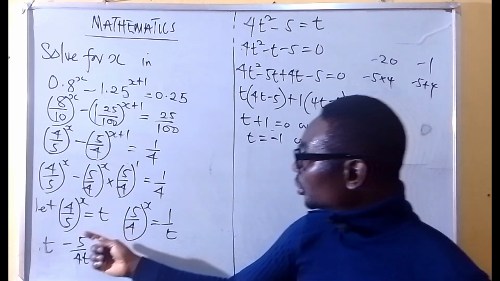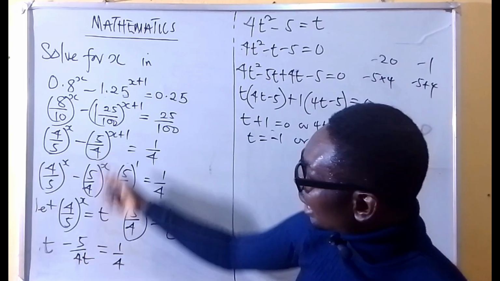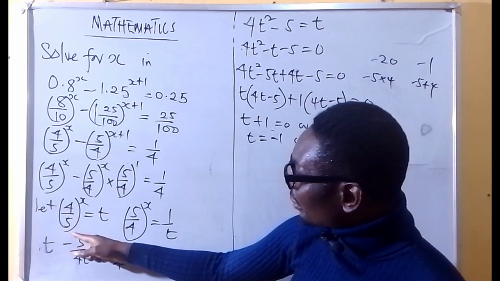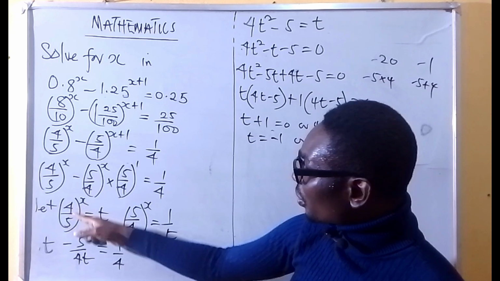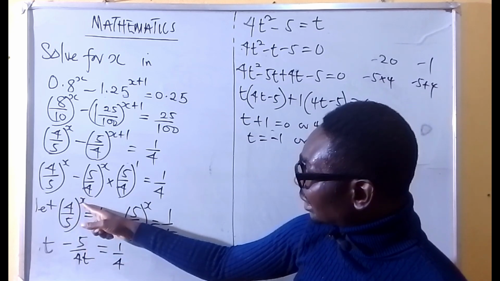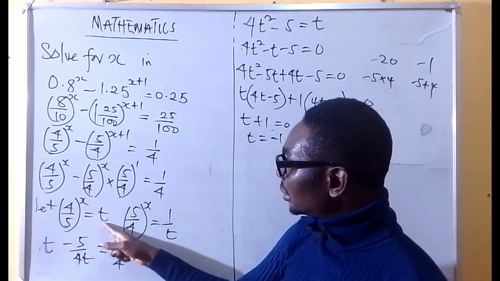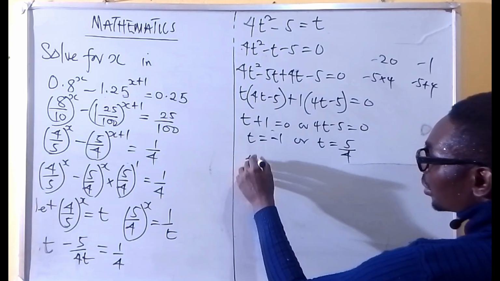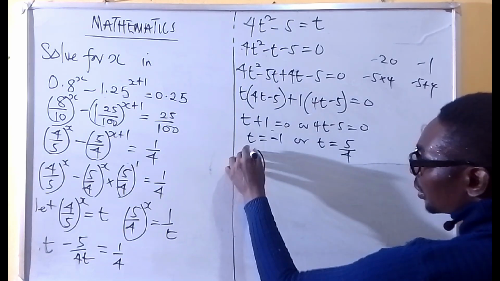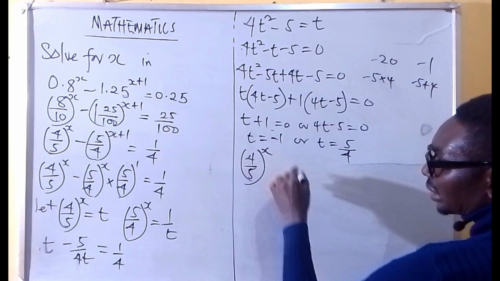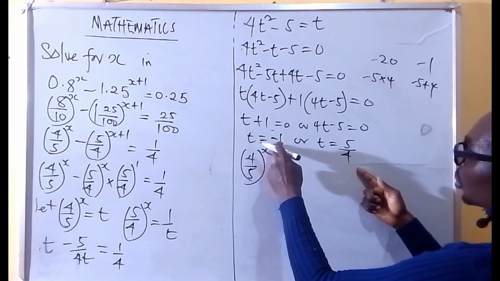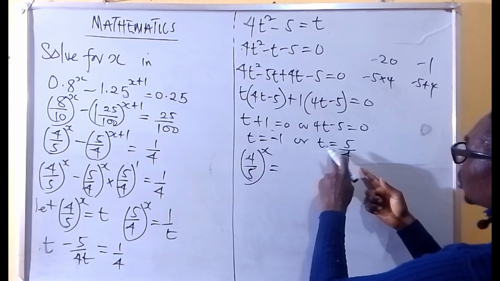But we know from the beginning of our explanation that we made 4 over 5 raised to the power x equal to t. It means that 4 over 5 raised to the power of x is equal to t, and here we have t is equal to minus 1, or t is equal to 5 over 4.